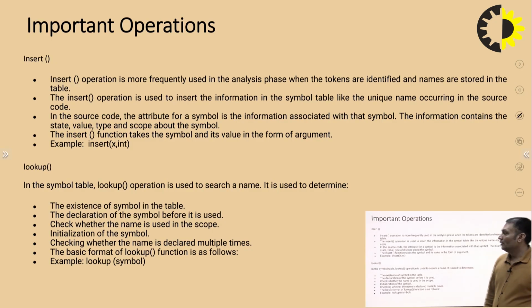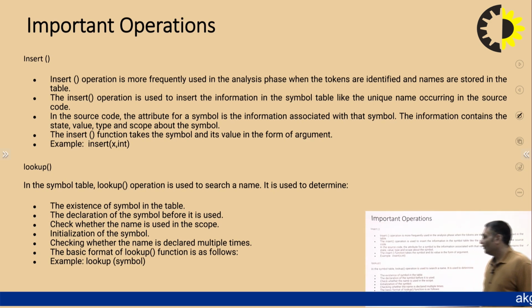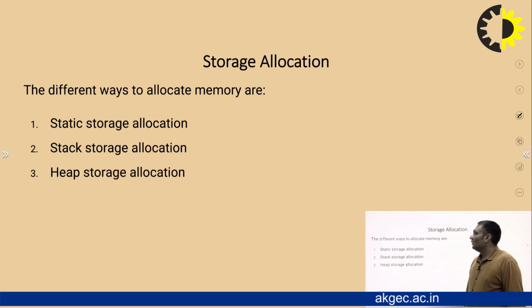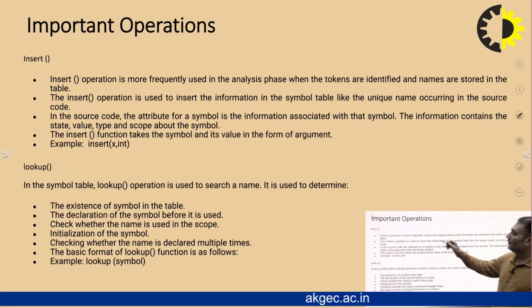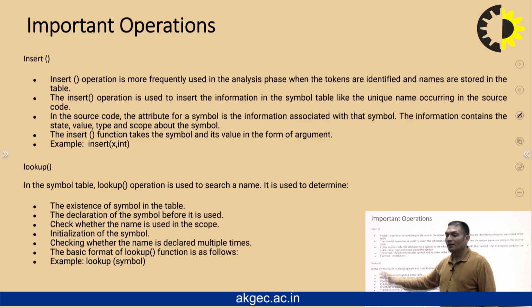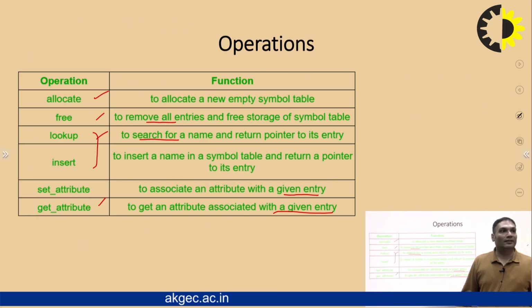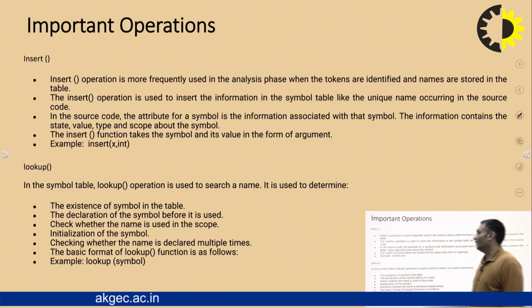So I've already told about the operations, like we can insert, we can look up the item inside the symbol table. So insertion and lookup, these are the important ones apart from these 6 operations. The insert operation is more frequently used because we want to insert new keywords and new symbol entries inside the symbol table.